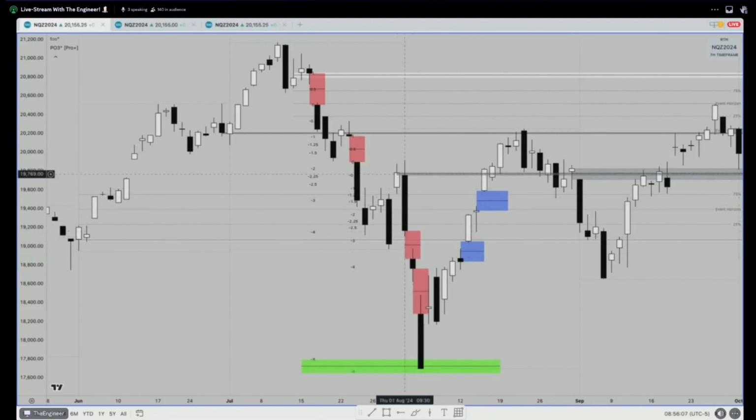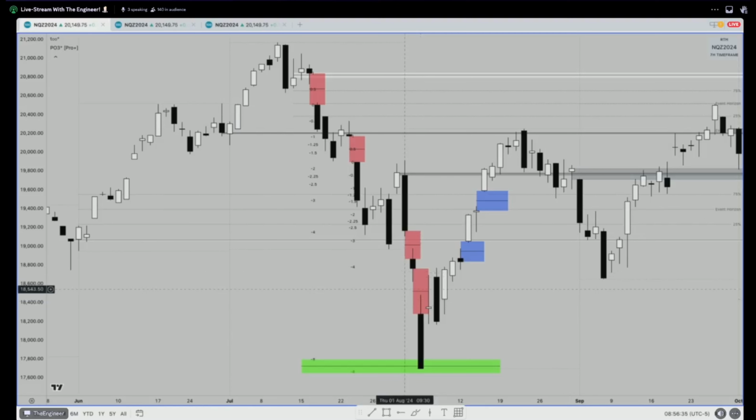Monthly opening gap here, leaving another new month opening gap. Do you see how most of these breakaway gaps form after we interact with the monthly openings? New month opening gap, breakaway gap. New month opening gap, breakaway gap. New month opening gap here, breakaway gap.